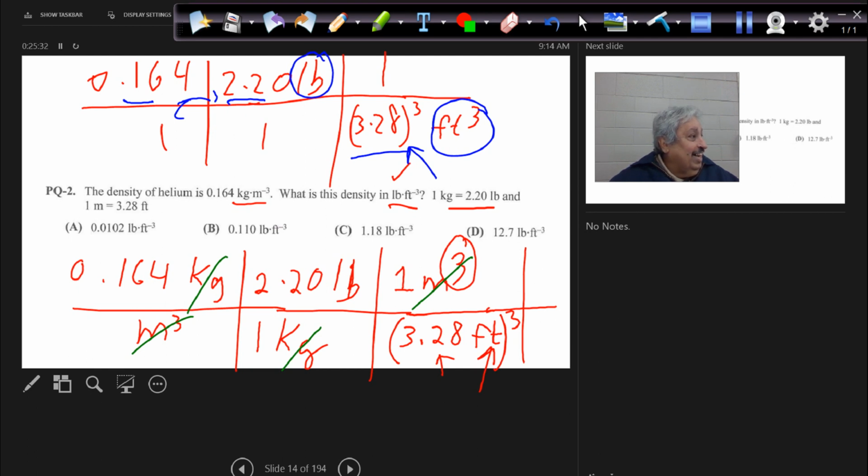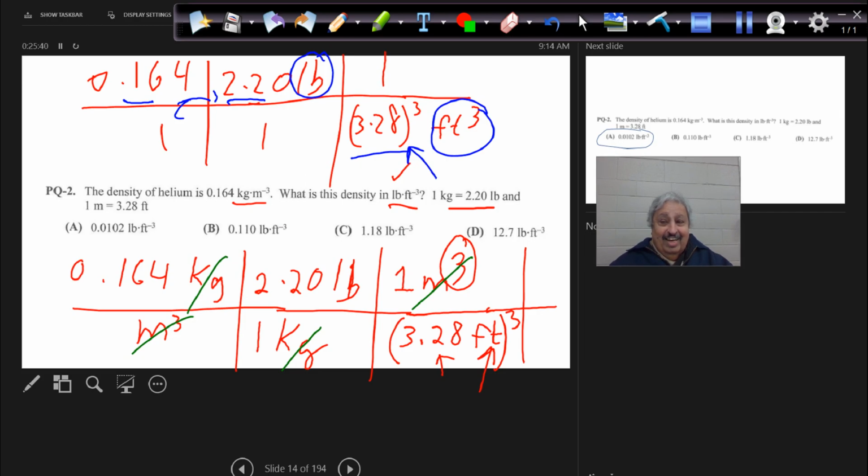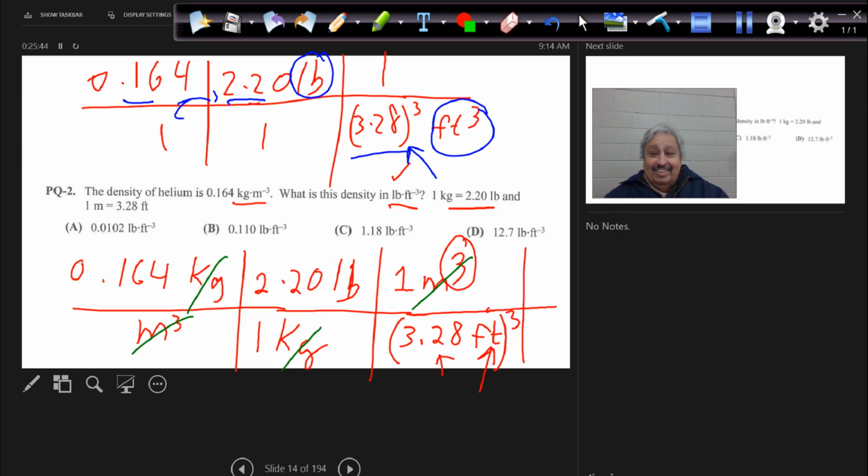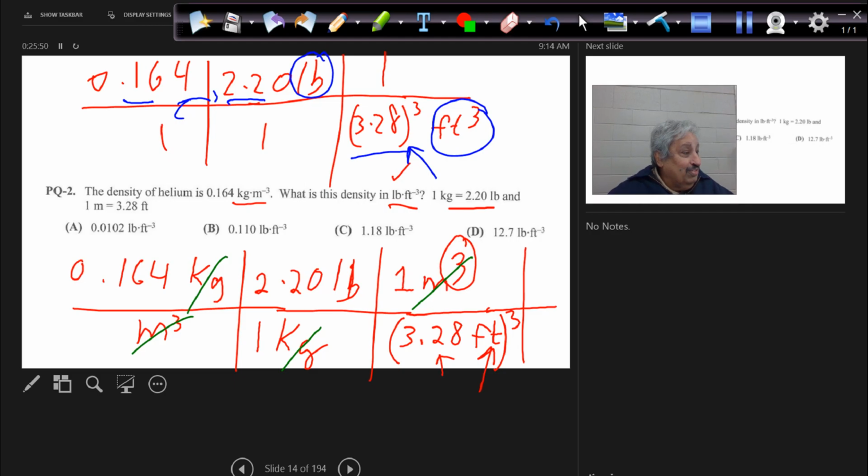So the answer is A, but you have to convince yourself it is correct. The answer is A. Here it is. I did not calculate. It says A, and as soon as I did like this, somebody looked at the answer. But I want you to convince yourself that's the correct answer. Everybody has it? Yes? Okay, trust you then.